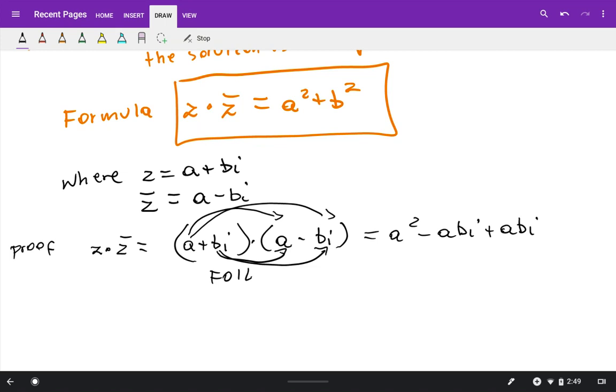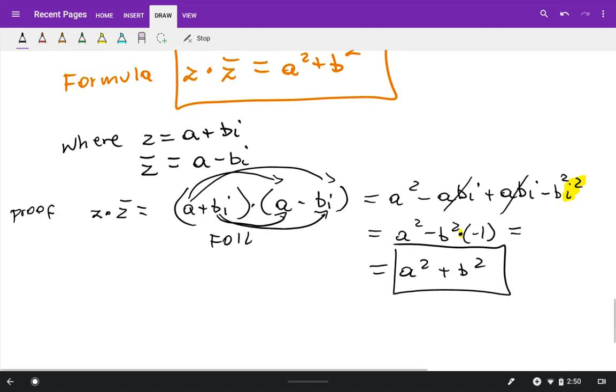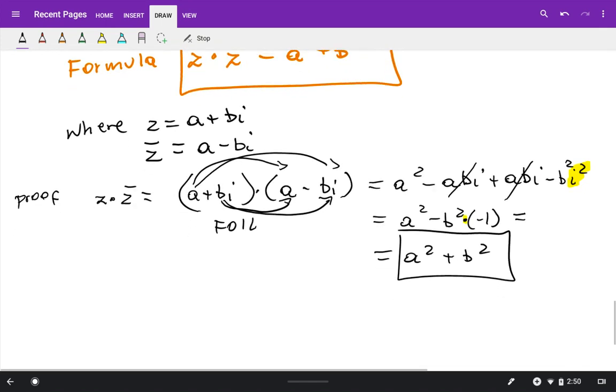And bi times negative bi, that will give you negative b squared i squared. And the middle terms are opposite, so they cancel. And I'm going to replace i squared with negative 1. So negative b squared times negative 1 gives positive b squared, and that's where we get the formula a squared plus b squared. Okay, so that was the proof. You don't need to do the proof. You go ahead and use the formula, only when you multiply a complex number times its conjugate.